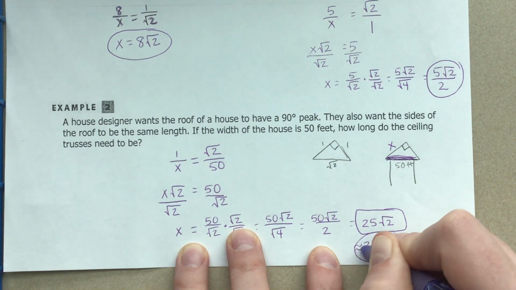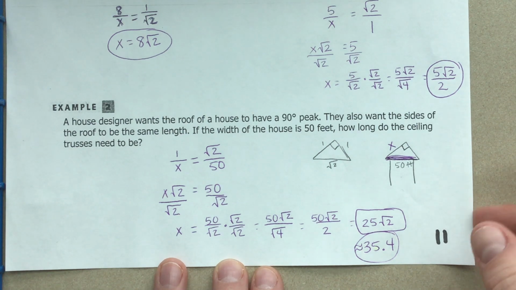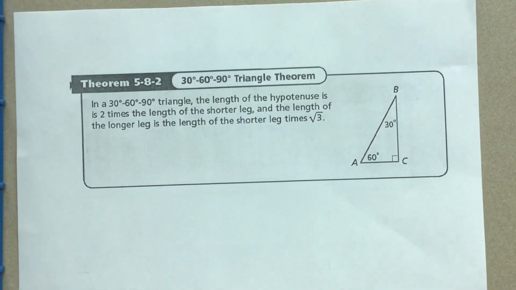So it's about 35.4 if I were to put this into my calculator. And that would probably be the measurement they would use on a construction site because they don't really have a marker that says square root 2 on a tape measure.